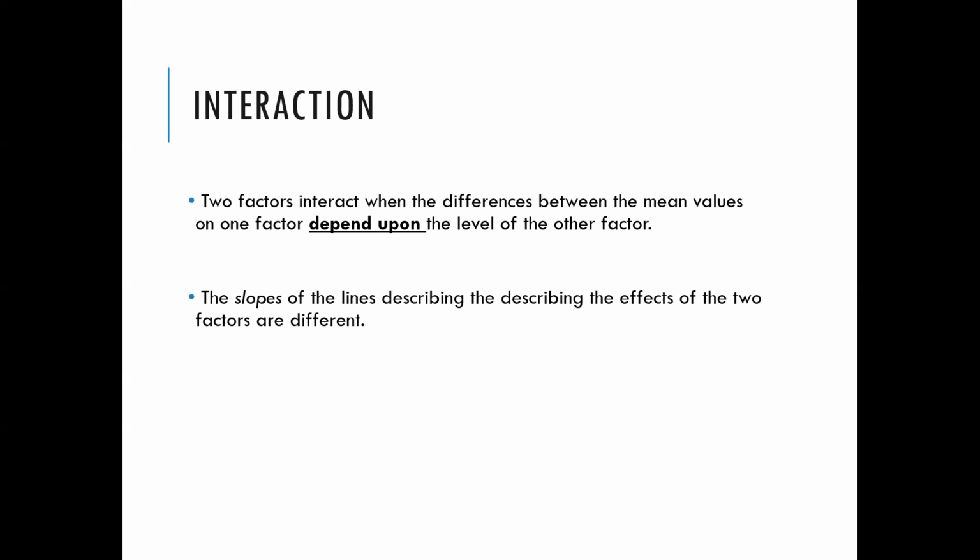So again, we saw visually, there's an interaction when the slopes of the lines describing the effects of the two factors are different. So the magnitudes can be different, but if the slopes are different, then there is an interaction.